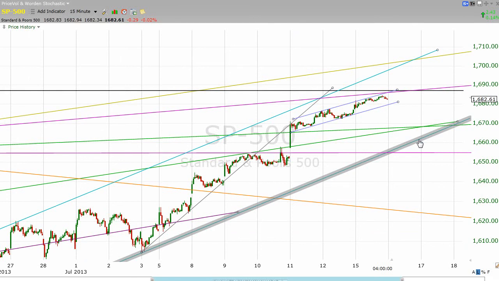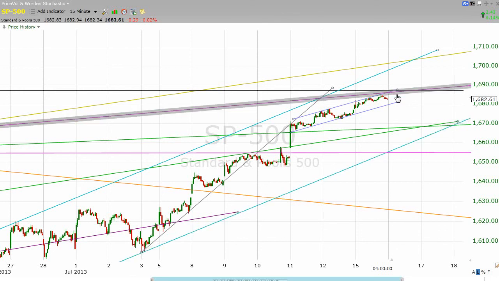Guys, since the day was really kind of non-eventful, I think I'm just going to leave it at this. No big moves one way or the other. Nothing really got broken. Getting a little closer to that 1687 level. Tomorrow looks to be as good a day as any to try that out. See what happens. I would expect some resistance there.